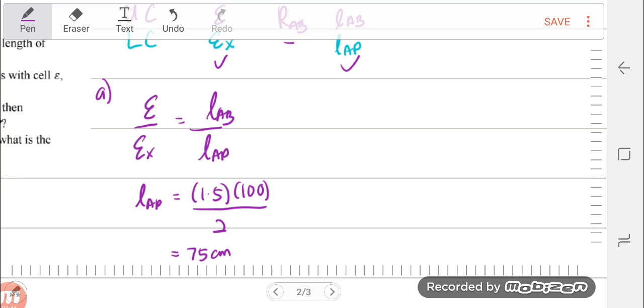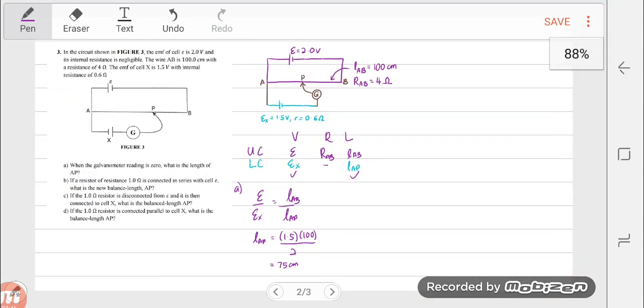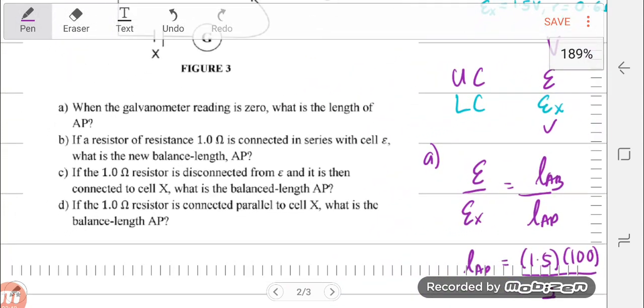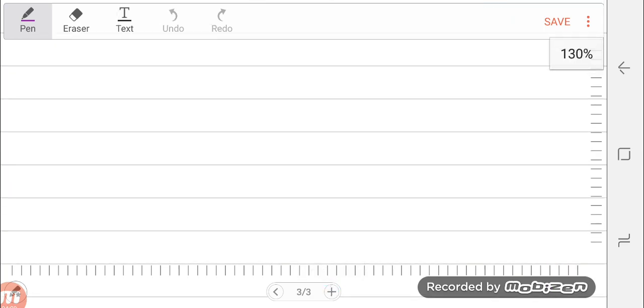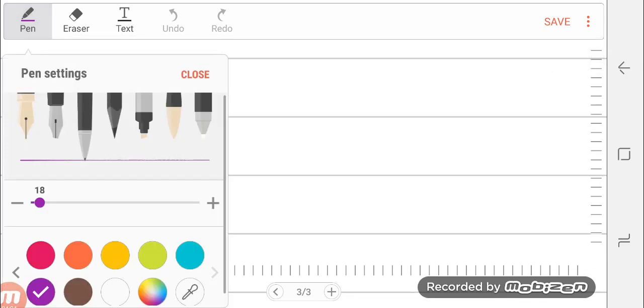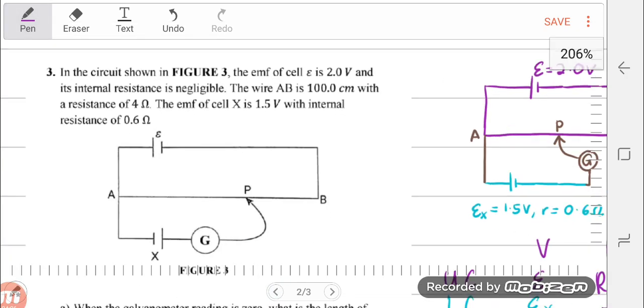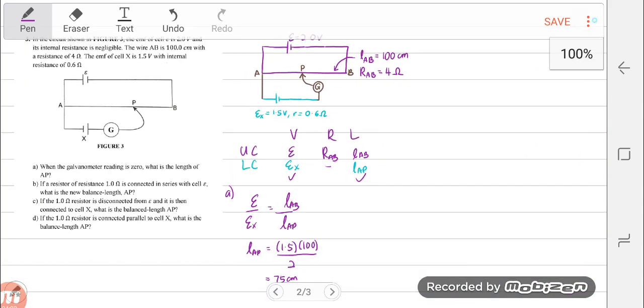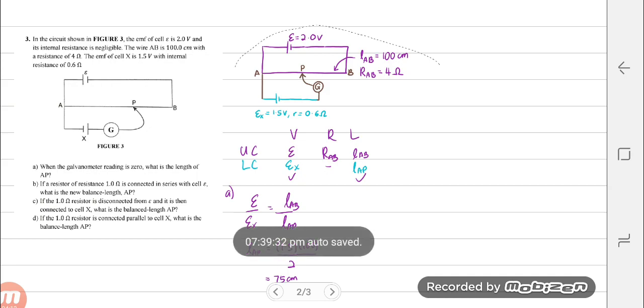Let's go to question B. Question B is asking, if a resistor of resistance 1 ohm is connected in series with cell EMF, what is the new balance length AP? We have to draw it again. Actually, I might as well just copy this circuit.